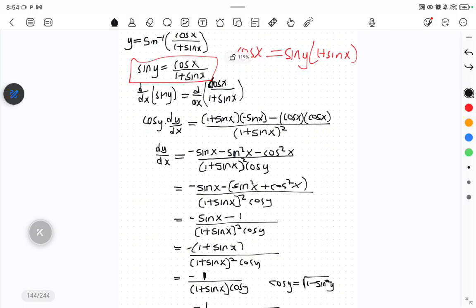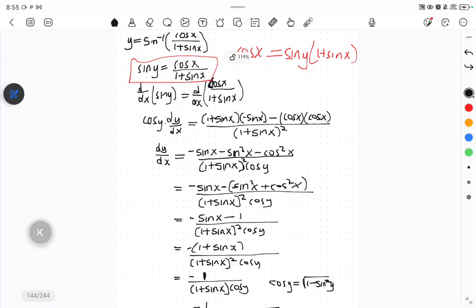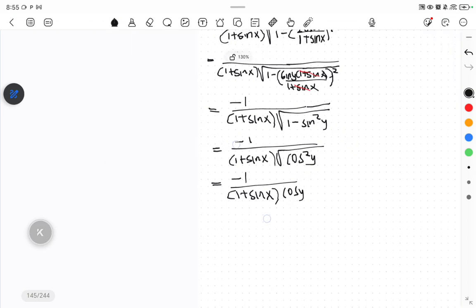Then let's check what is 1 plus sin x. 1 plus sin x would be cos x over sin y. Cos x would also work. Let me see which one we can replace first to get a faster solution. So 1 plus sin x. The only thing that we'll have to replace, I think, is sin x.